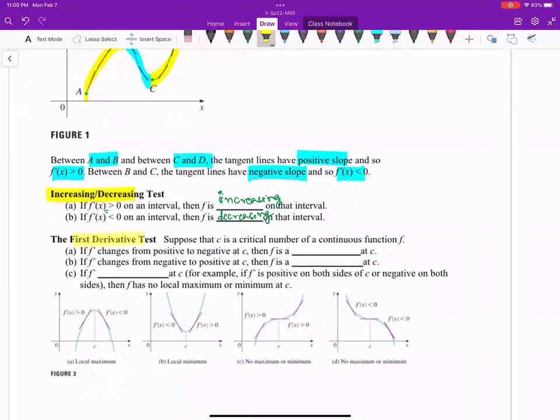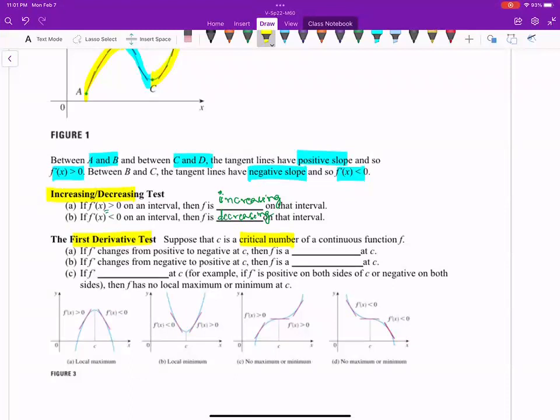So what is the first derivative test? Suppose that c is a critical number of a continuous function f. What do we mean by critical number? A recap from the previous section: a number is said to be critical if the derivative is equal to 0 or does not exist.